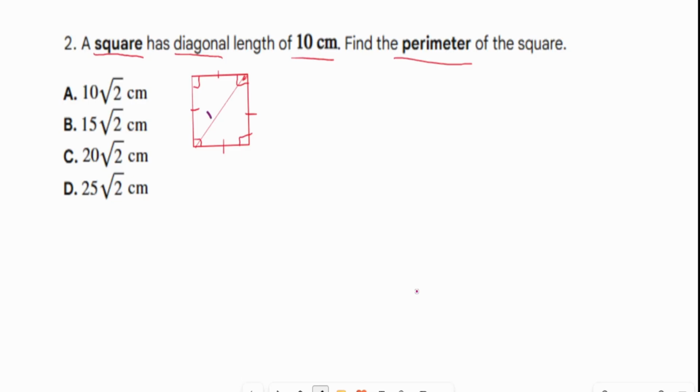So let me write that here. And then we're solving for the perimeter, which is the addition of the length of sides. So let's call each side x centimeters. And this is the problem. All sides are equal, but we don't know even one side. So we're going to solve for the side first, then we can add all.